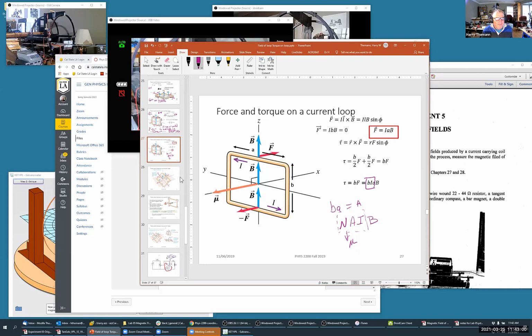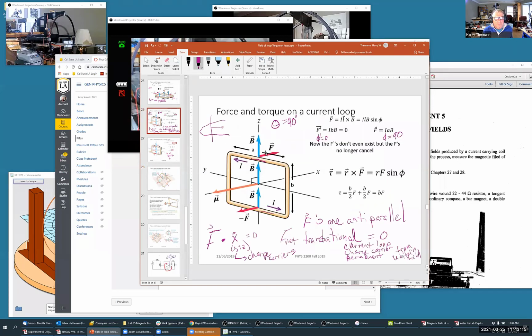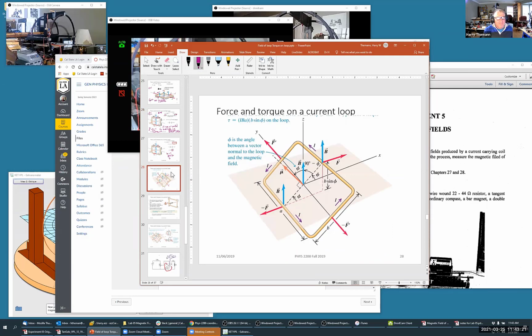And then we take into account that we have to deal with various angles. So we say, okay, we remember this R cross F here. And so we end up, R cross F gives us the I B times little a times the B with the sine of phi.